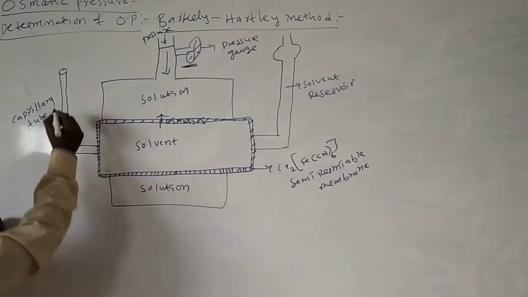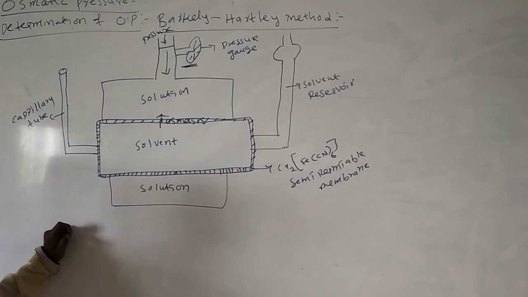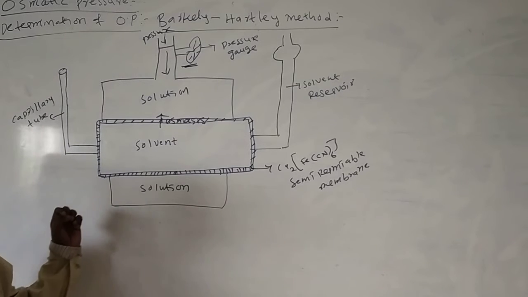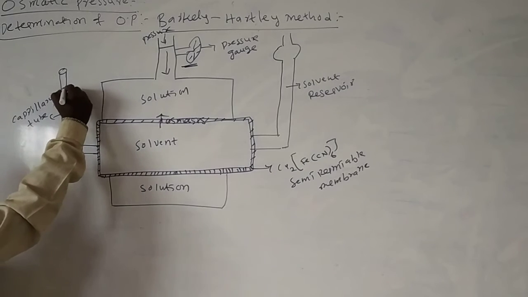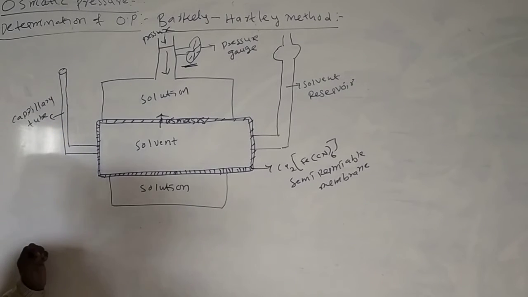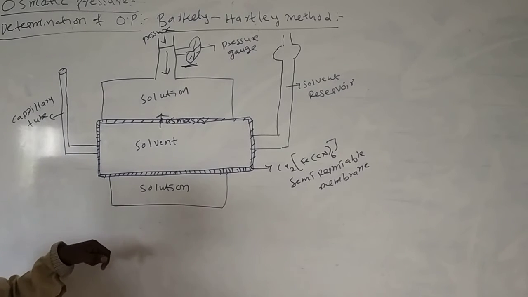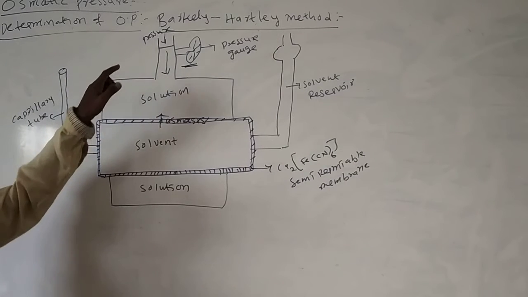At one point, the level in the capillary tube becomes stable. At one pressure, the level of the capillary tube remains the same. That pressure we call the osmotic pressure.